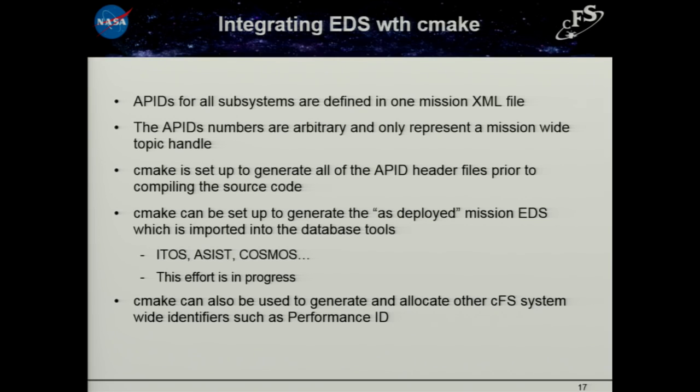Okay, so yeah, integrating the EDS with the CMake. As part of the electronic data sheets, you can specify all of your APIDs for your various subsystems in an electronic data sheet. So for every app, you can associate an APID with it, and that's all done through the electronic data sheet XML schema.